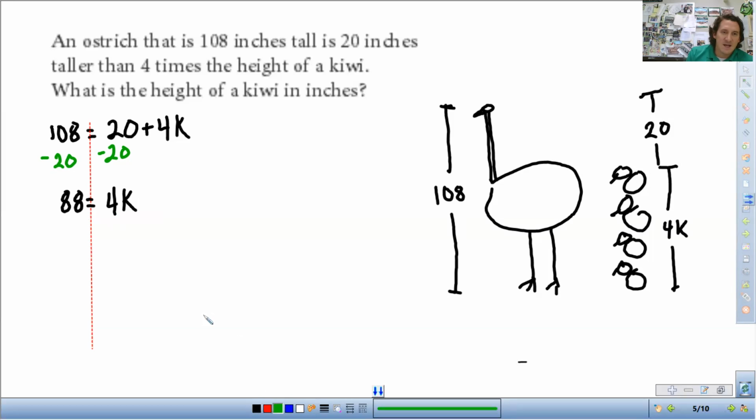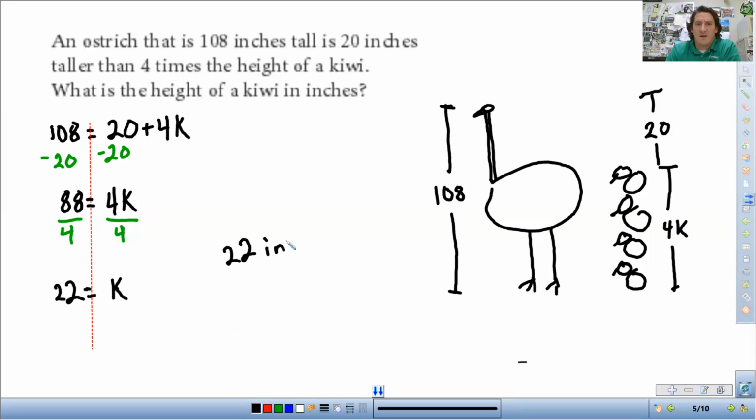The next step: that's 4 times K, so I'm going to divide both sides by 4. 88 divided by 4 is 22, equal to K. So kiwis are 22 inches tall. That's actually pretty tall if you think about it. That's just 2 inches shorter than 2 feet. So that's actually a pretty tall bird, like the size of a turkey, basically.